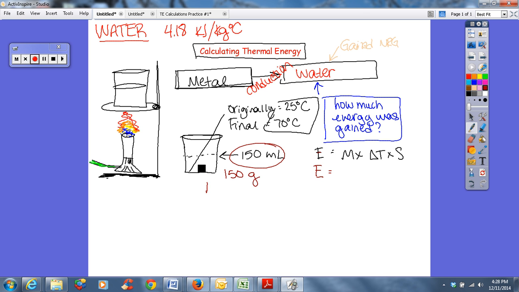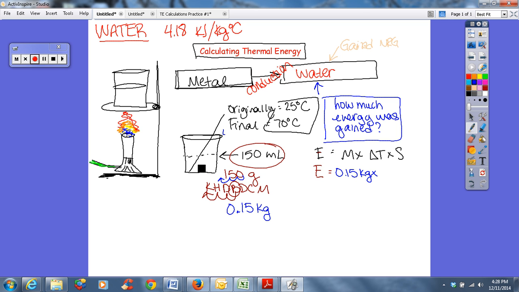Starting out at grams, which is our base unit, 1, 2, 3 to the left, ends up being 0.15 kilograms.